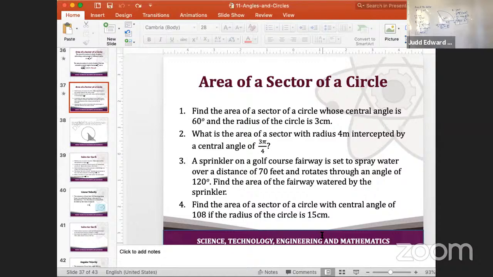The answer is 135 pi over 2 centimeters squared. Yes, that is the correct answer.